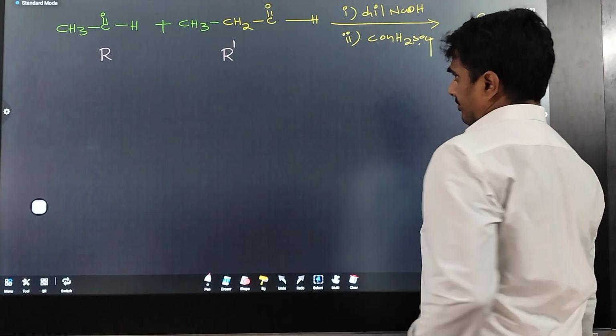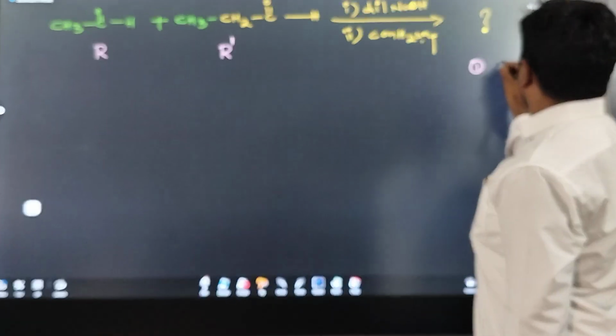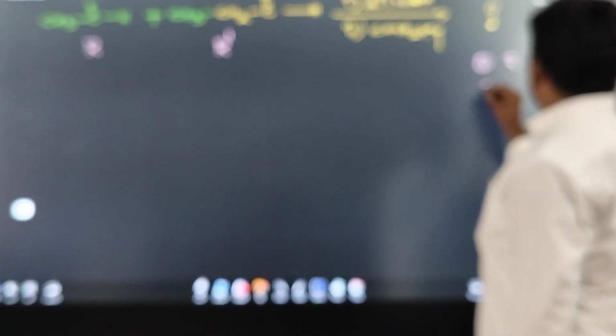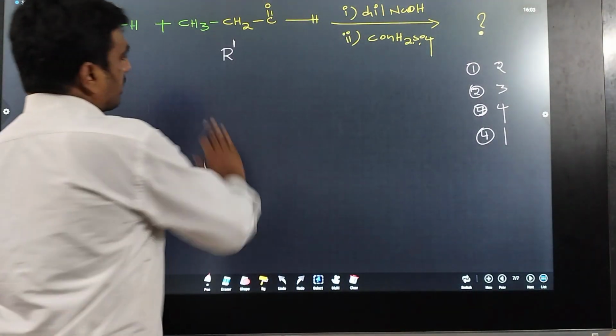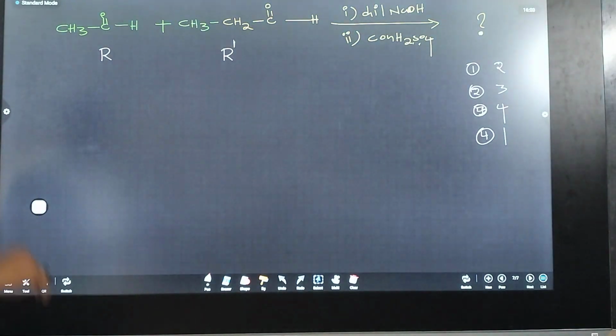Generally, 2 products, second one 3 products, third 4 products, fourth one 1 product. So generally in these reactions, 4 products are obtained.